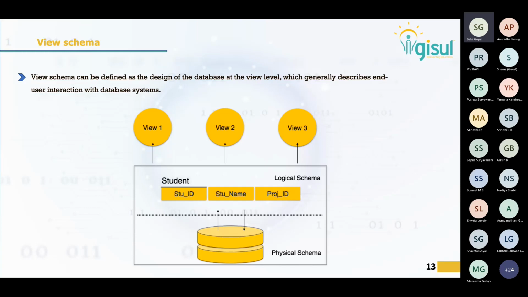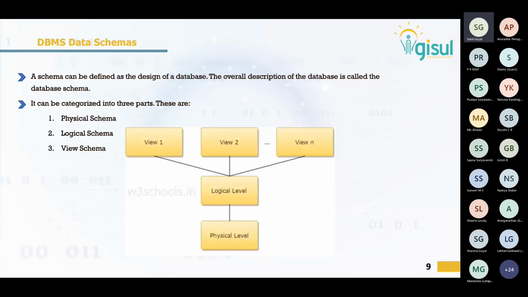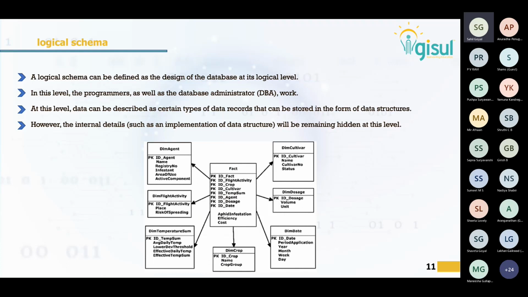Okay, so the first schema on the top is the view schema. Then what we have is a logical schema. Okay, now what is a logical schema? The logical schema is basically that structure which is equivalent to the physical structure of a database.